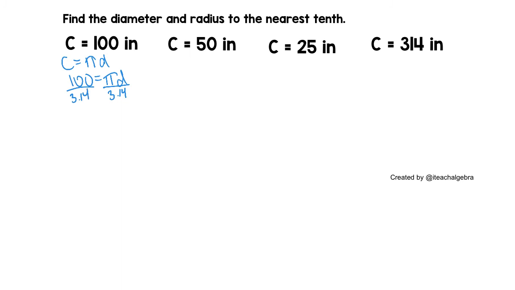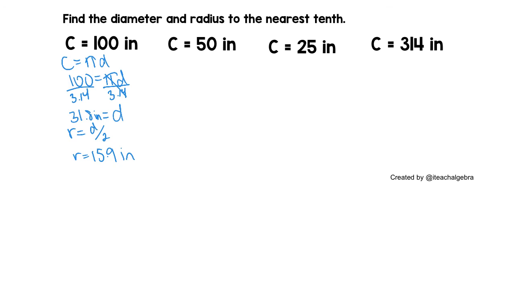We're left with d, and d in this case is 31.8 inches. That's the diameter of our circle with the circumference of 100. And that means the radius is the diameter divided by 2. So our radius is around 15.9 inches.